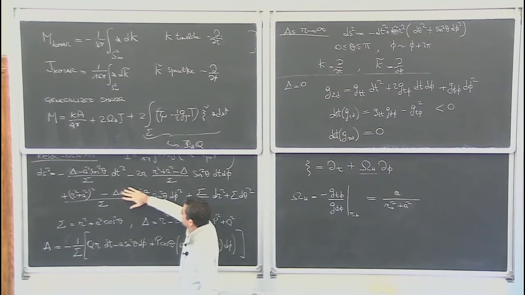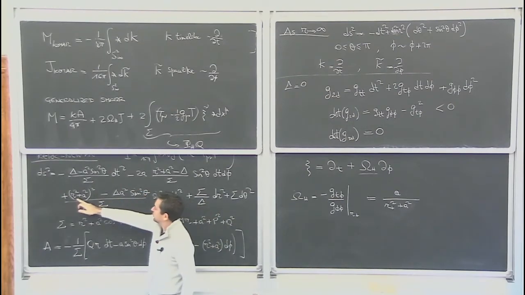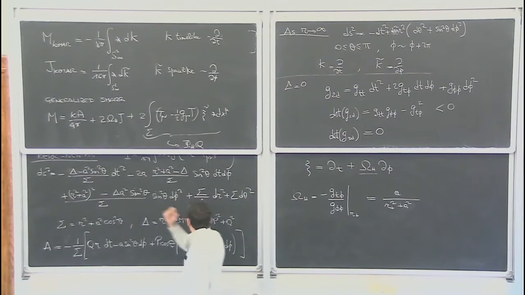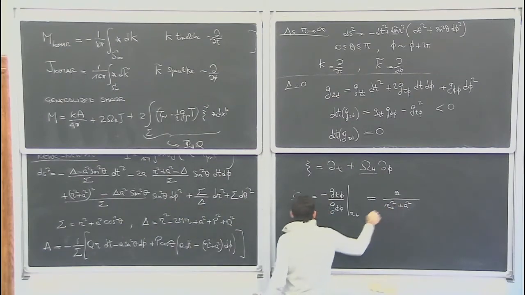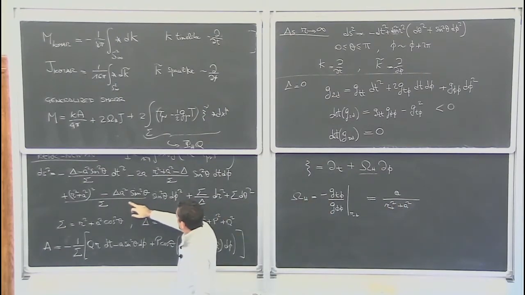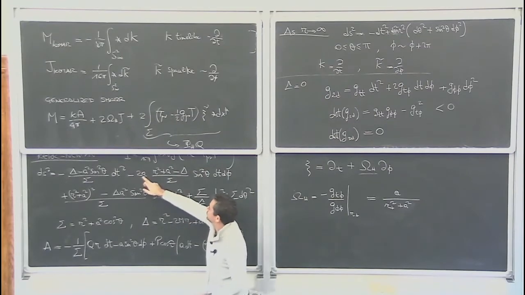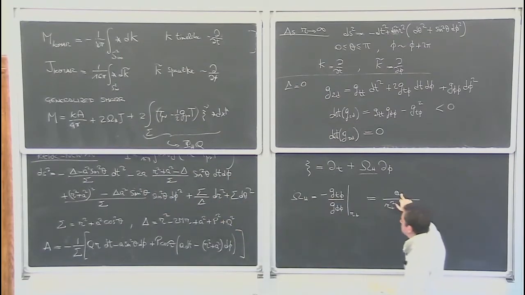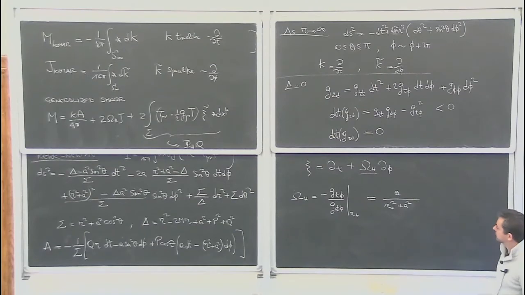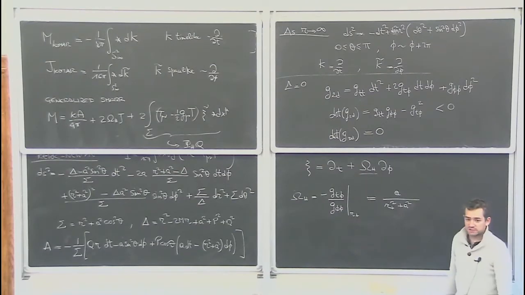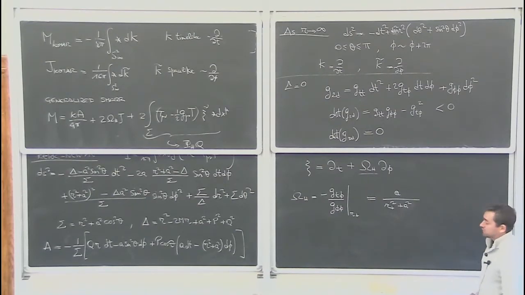At delta equals 0, I also have r squared plus a squared, but it's squared, so I get this term over there. Then I have sigma, and here I had this 2a that corresponds to this a here. So I think everything works out. If there is any doubt, just let me know. It's just comparing.